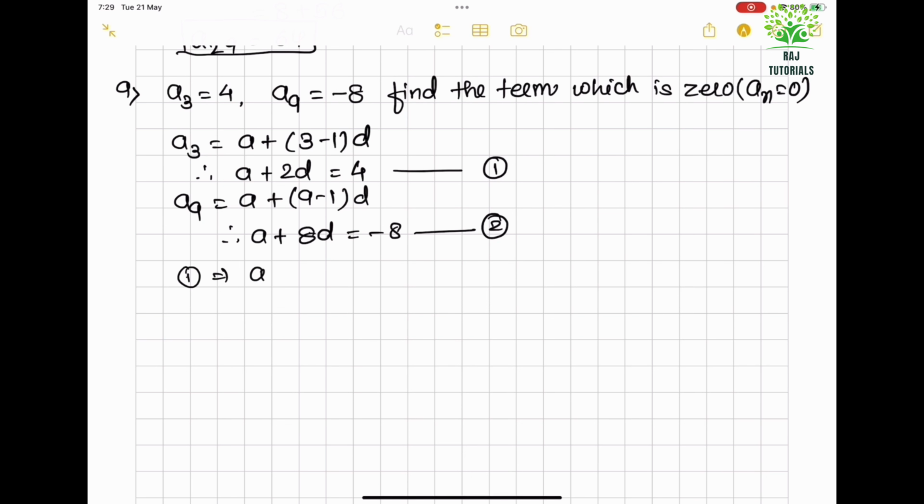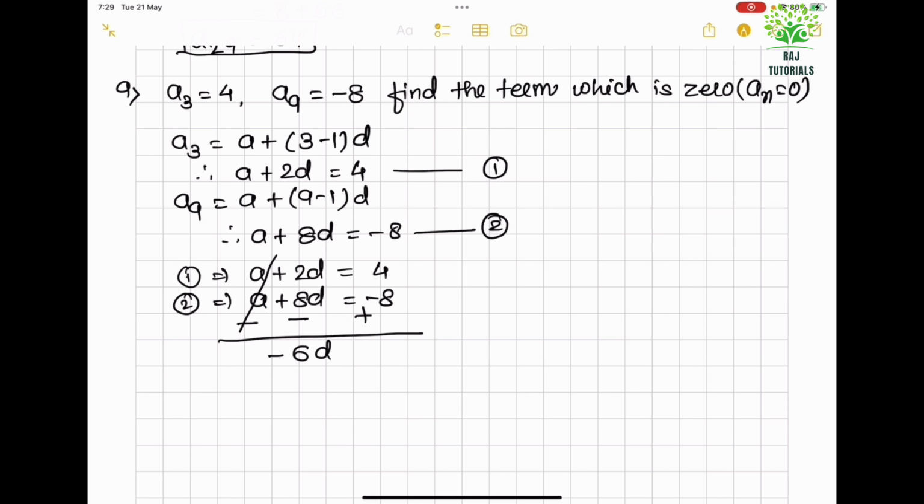So 1 implies A plus 2D equal to 4. 2 implies A plus 8D equal to minus 8. Now subtracting them, A got cancelled, minus 6D equal to 4 plus 8, so 12. So D equal to minus 12 upon 6.